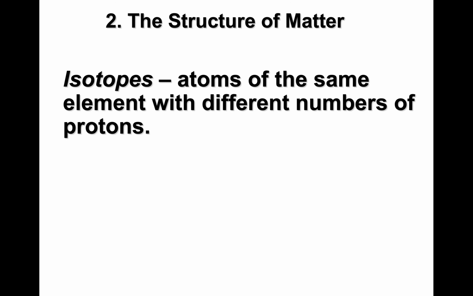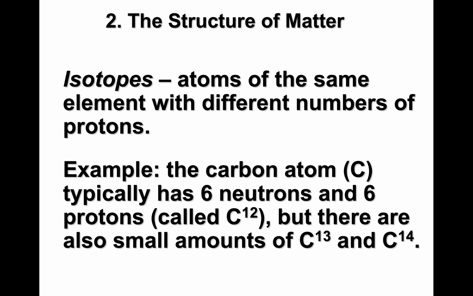Now we are coming to the isotopes. So what are isotopes? Isotopes are atoms of the same element with different numbers of neutrons. For example, the carbon atom C typically has 6 neutrons and 6 protons, and therefore we call it C12.